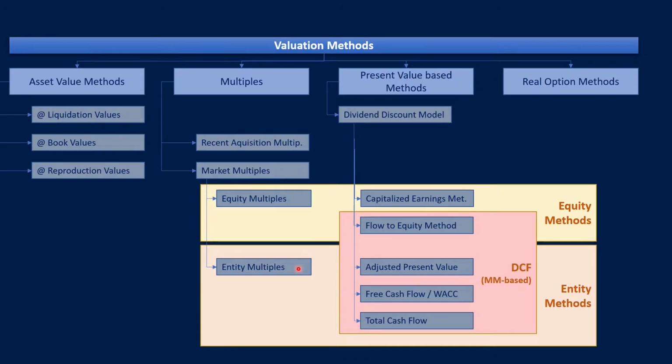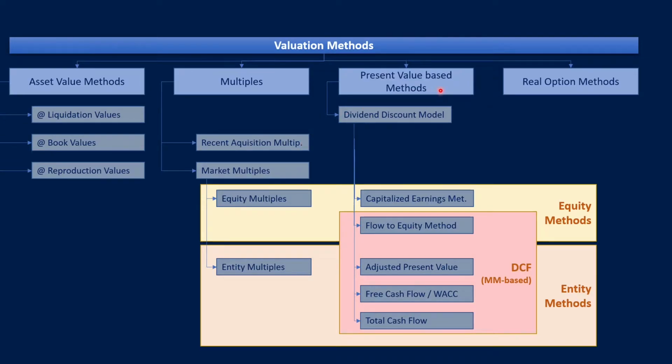So all the investments in the company, like equity plus debt. We have to differentiate further the recent acquisition multiples. The recent acquisition multiples are not derived from, let's say, exchange prices or stock prices, but the values are derived from recent acquisitions. There are huge databases available where you can find recent acquisitions to derive a price.